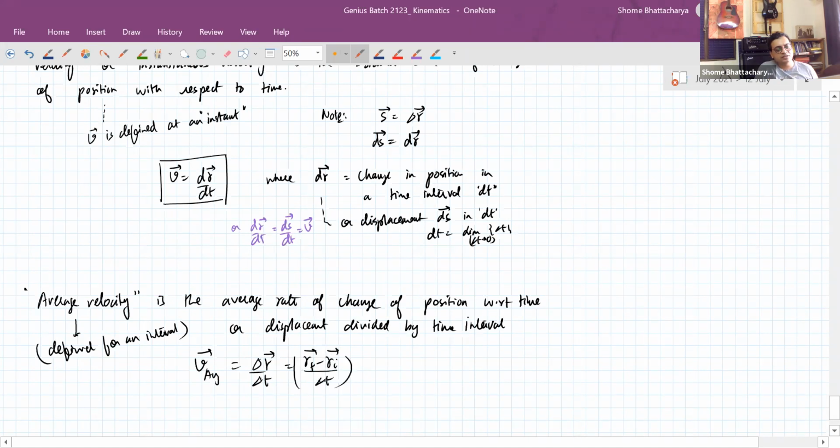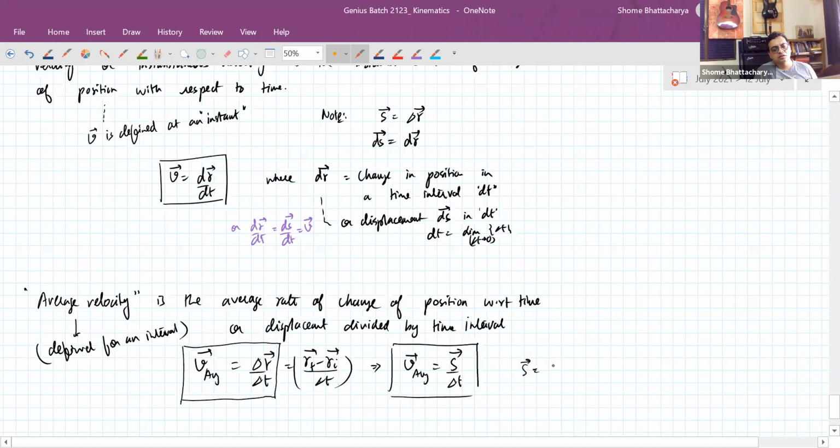Final position minus initial position is nothing but displacement. So whether we call it displacement upon time for the given interval, or the average rate of change of position with respect to time, it's one and the same thing, because s is equal to delta r by definition.